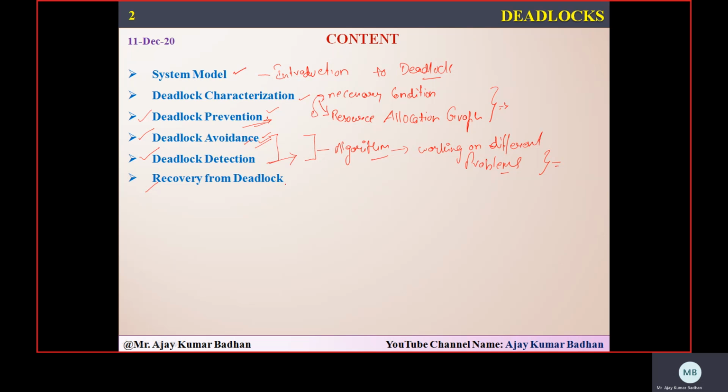The last one is theoretical, that is recovery: how we can recover from deadlock. Here we will be provided some simple solutions, or you can call them suggestions. Just follow them so that you can avoid it. Something like, nowadays in winter season, there are a lot of mosquitoes and a possibility of getting malaria.